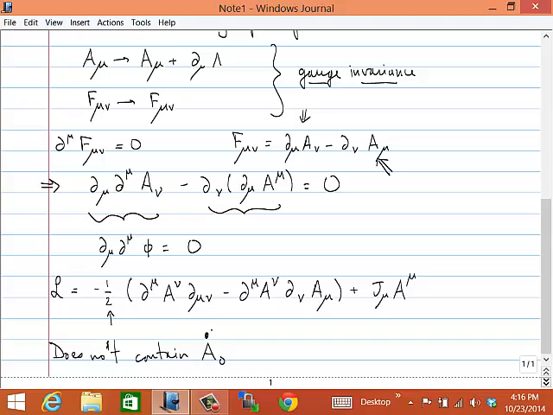Okay. So we want to think of A0, A1, A2, A3 all as independent fields. But the first thing that we did when we were quantizing a field is we had to write down the momentum conjugate to that field. For example, when we quantized a scalar field, the momentum conjugate to phi was the derivative of the Lagrangian with respect to phi dot.